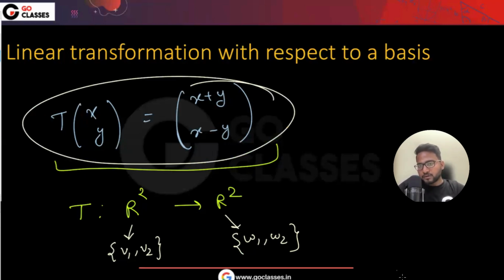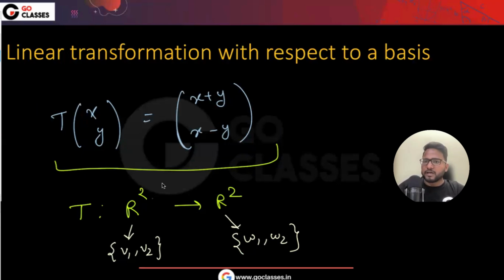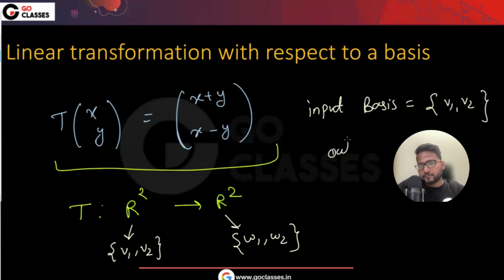I want that my input basis be V1, V2, and the output basis I want to be W1, W2, and the linear transformation also.